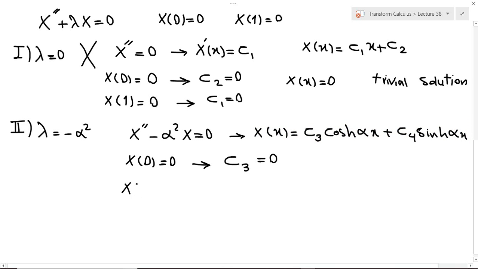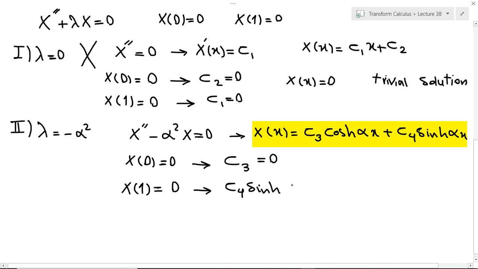And the other boundary condition says that X of 1 is equal to 0. If I plug in the equation, we have C4 sine hyperbolic alpha equal to 0. Sine hyperbolic cannot be equal to 0, because sine hyperbolic is 0 only at alpha equal to 0.